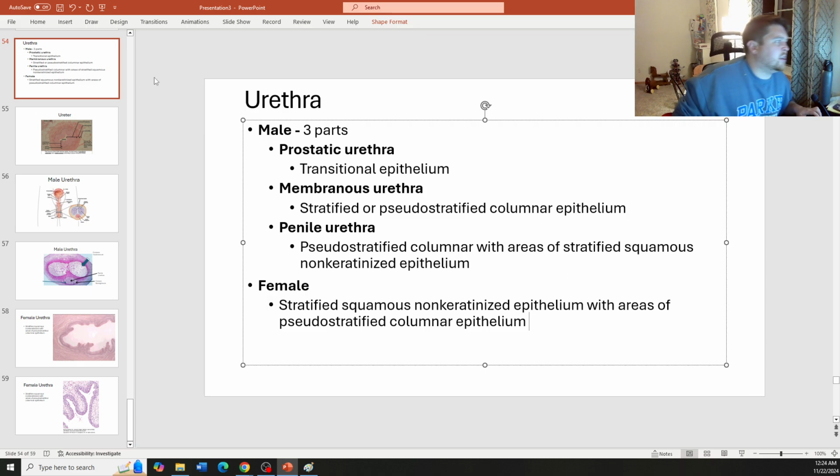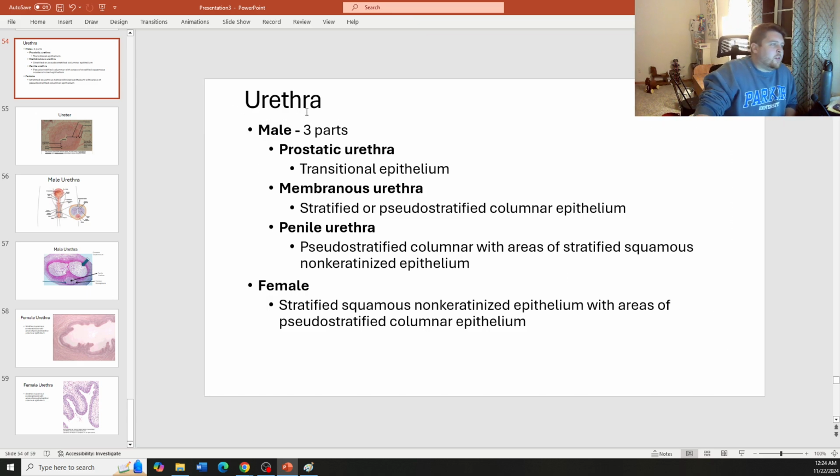It's important to note the male urethra is much, much longer than the female urethra. If I remember, I think the female urethra is about 4 inches long, and the male urethra is almost double that. Sometimes this comes up as a test question.